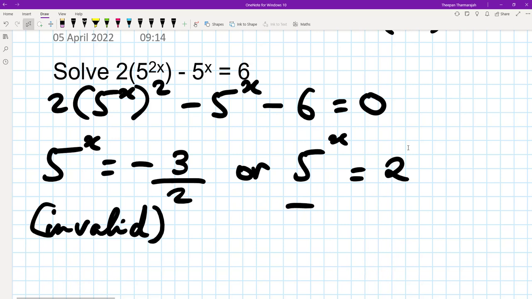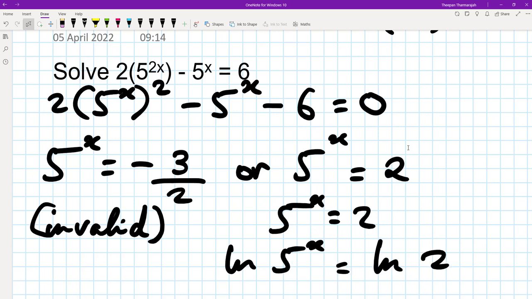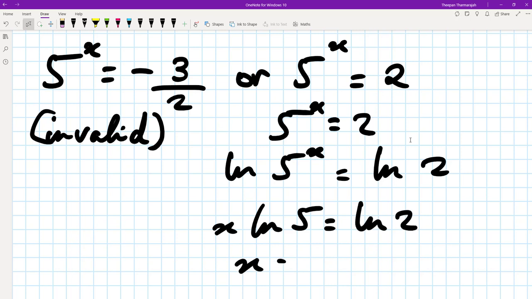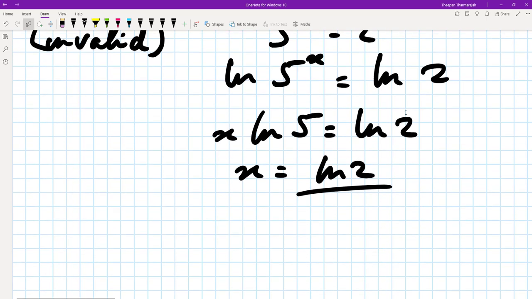So we can say 5 to the power of x equals 2, ln both sides. So we get, from the laws of logs, bring the power down. So therefore, x is ln 2 over ln 5.